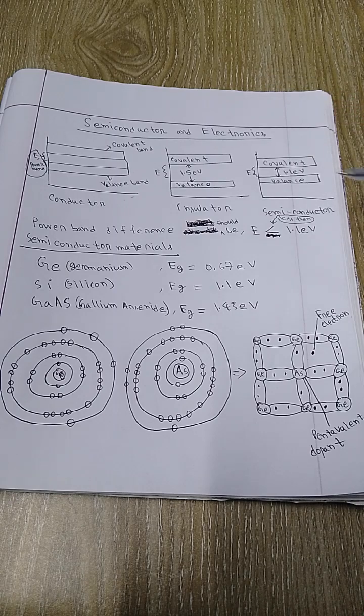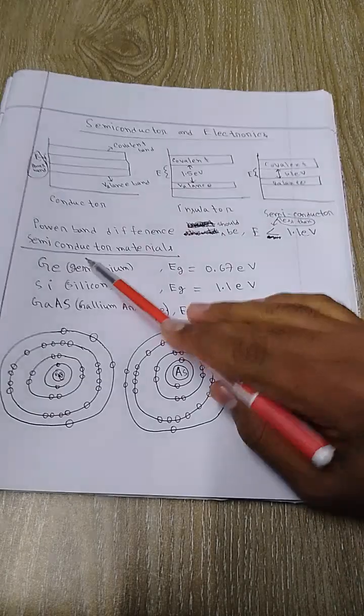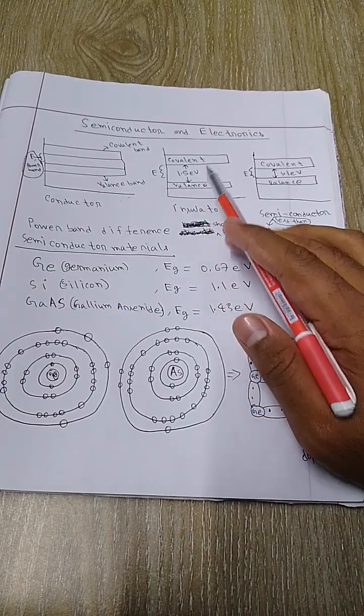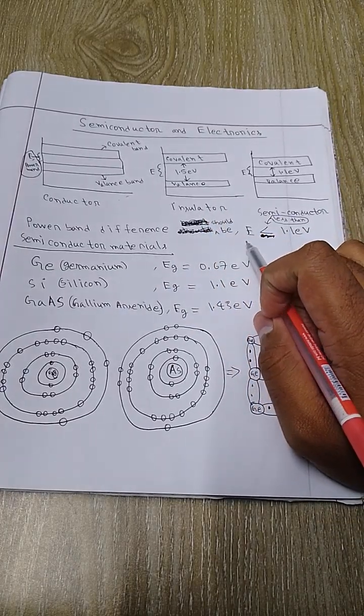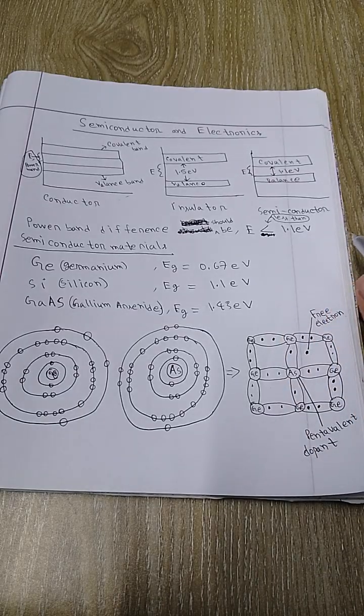Then we can see that the semiconductor part will conduct electricity in a very special way. The band gap between the conduction band and the valence band should be less than 1.1 electron volt.